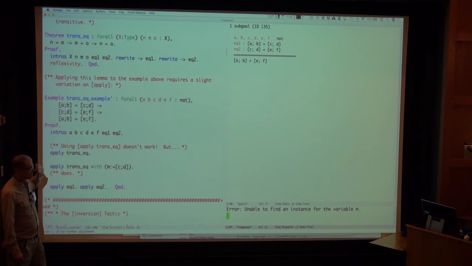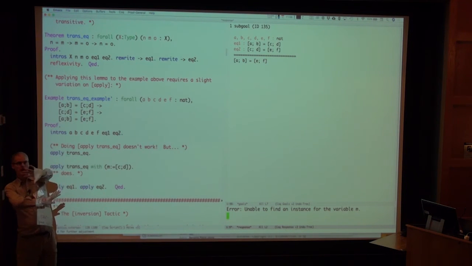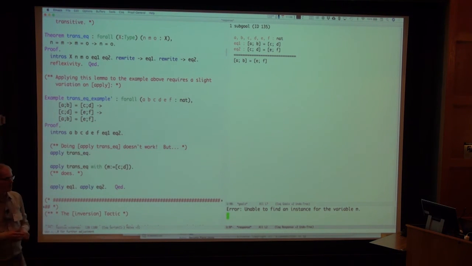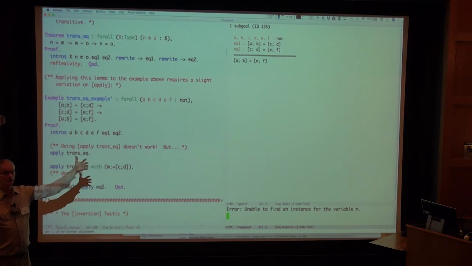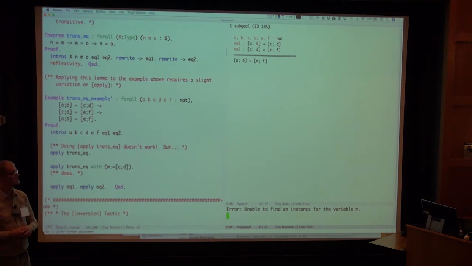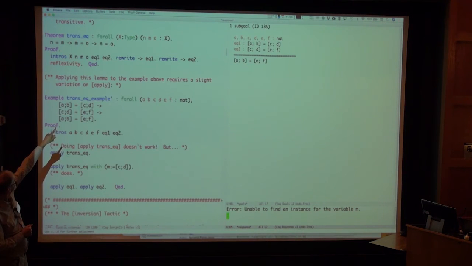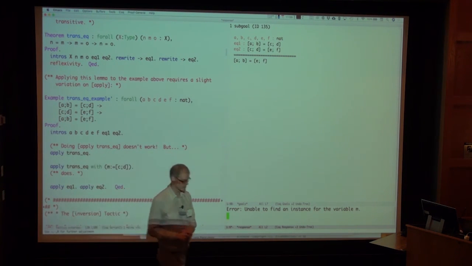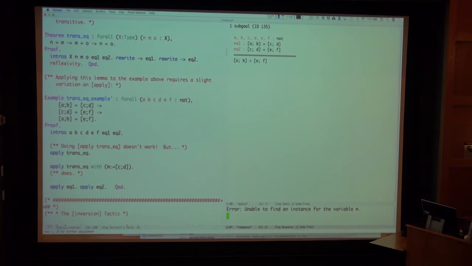It says not only must the goal state unify with the conclusion of the thing that you're trying to apply, but also all of the unification variables that are introduced in that process, namely in this case x, n, m, and o, must be resolved by that unification. And in this case, m was not. So, if trans EQ had a universal quantifier in the statement, it would be happier.